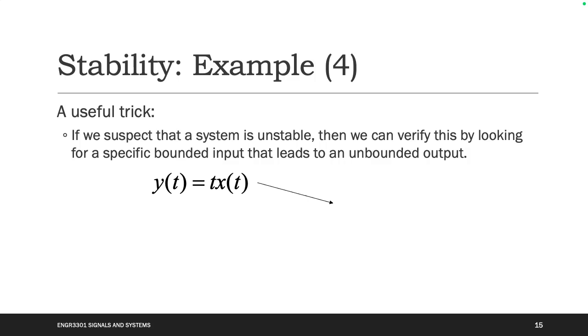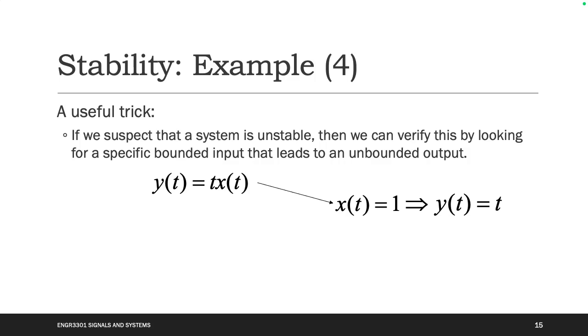For example, we can let x(t) equal 1. We know x(t) is a bounded signal. We just assume it is 1. It can be 2, it can be 3, but the result will change. So then your y(t), if x(t) equals 1, your output should be like this, am I right?